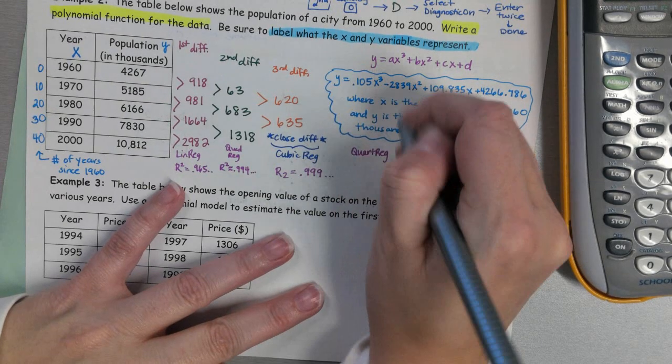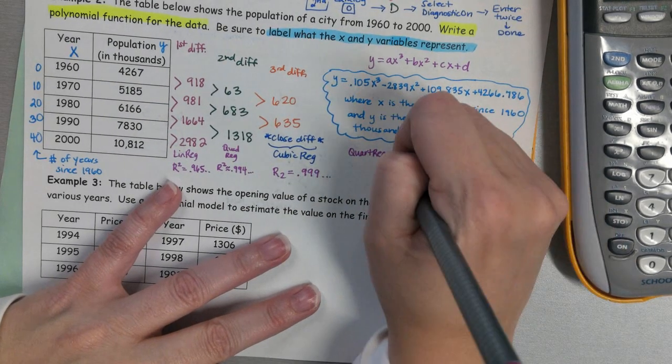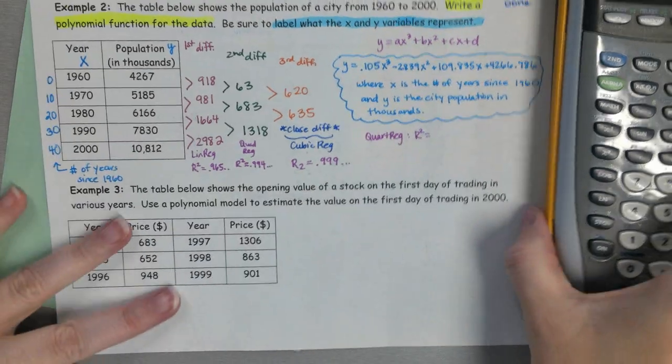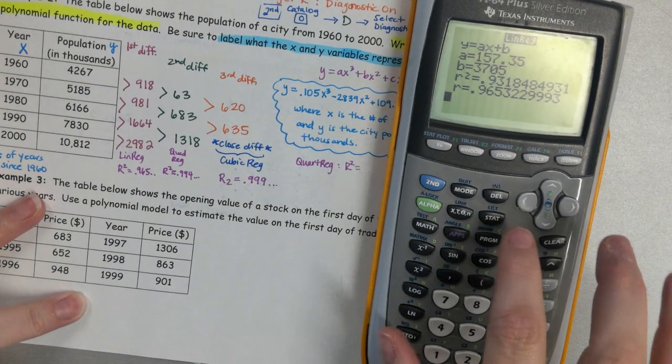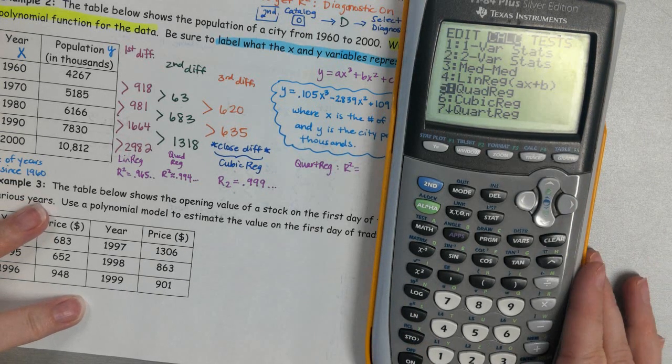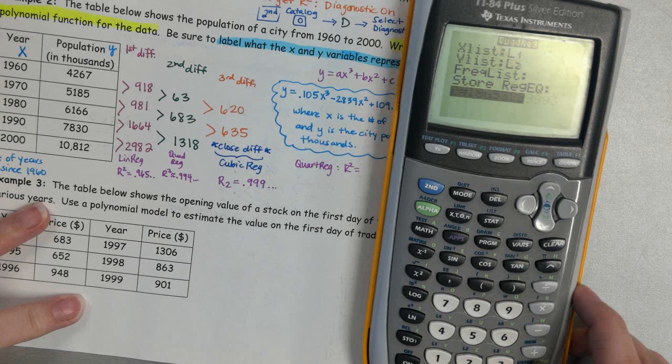Okay, so will you guys find that for me? What's the R value for the quart reg?